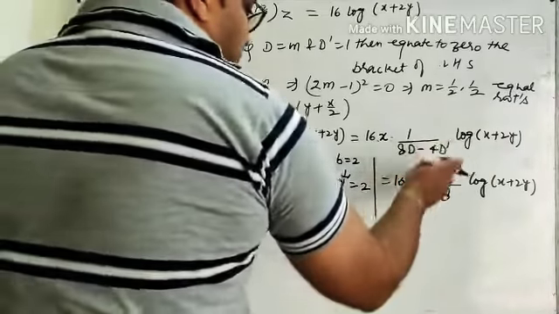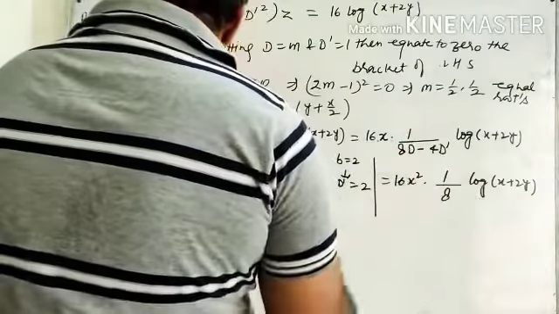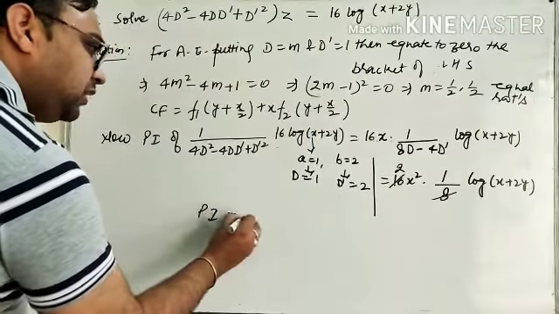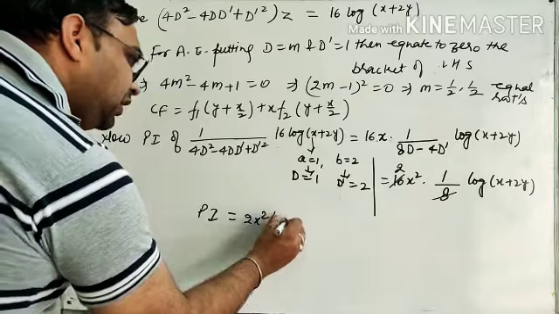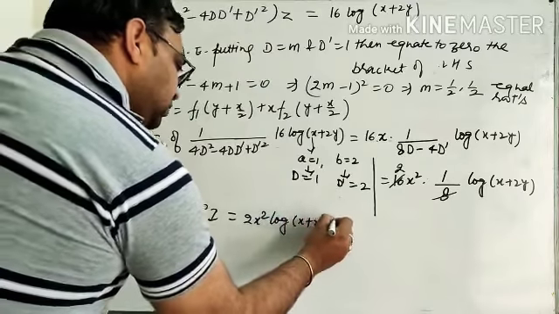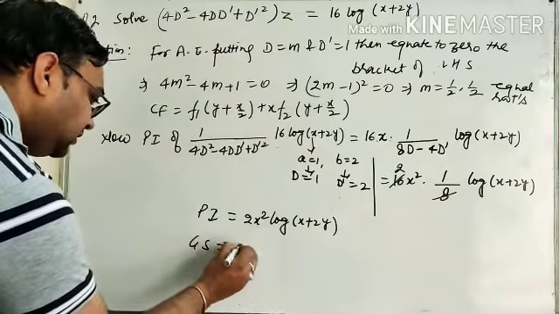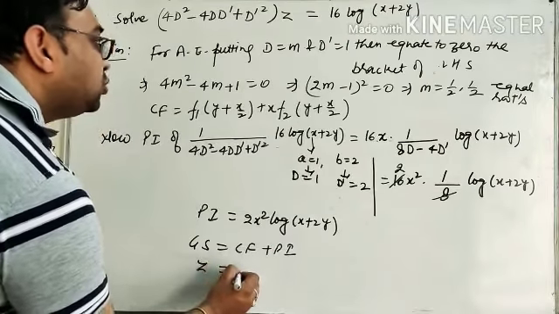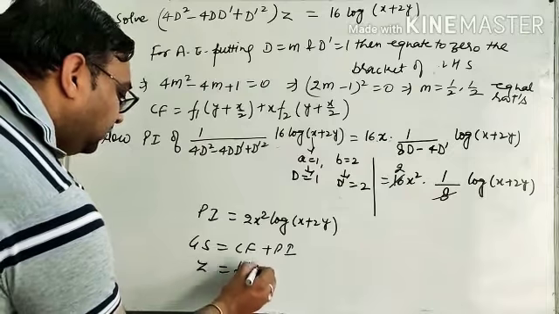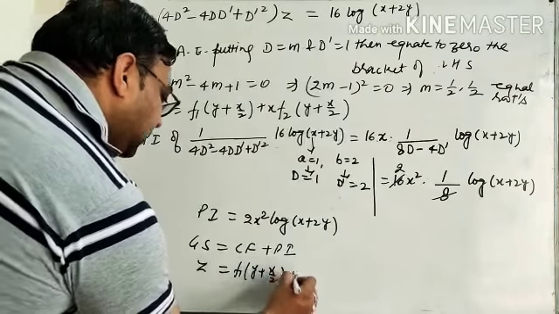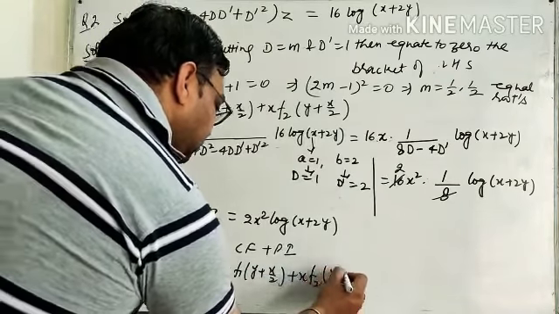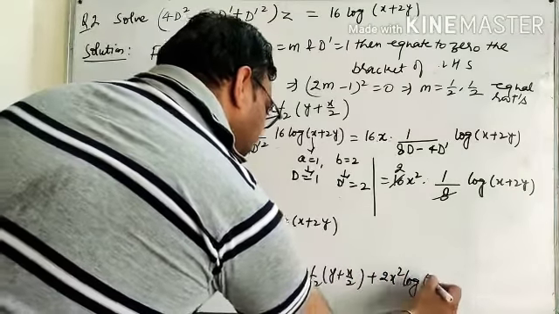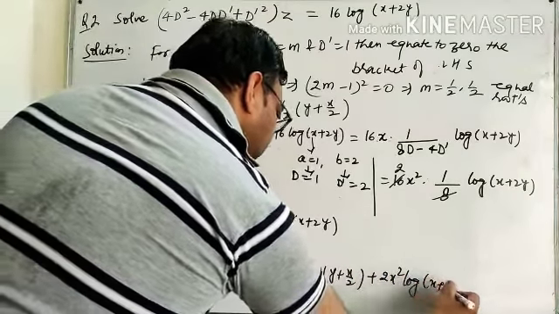So D is eliminated, and we get PI. On simplifying, PI equals 2x square log(x plus 2y). Hence the general solution is CF plus PI, or z equals f1(y plus x by 2) plus x f2(y plus x by 2) plus 2x square log(x plus 2y).